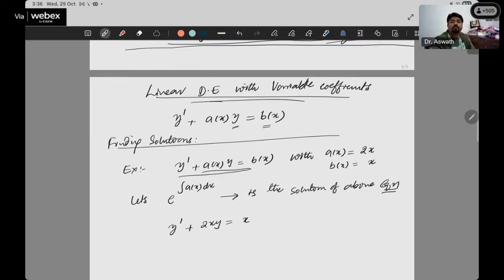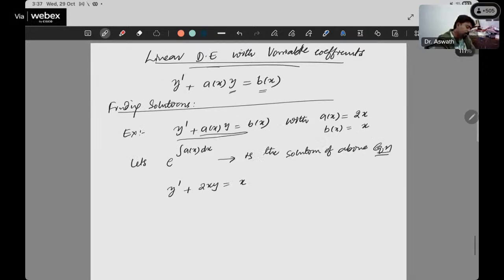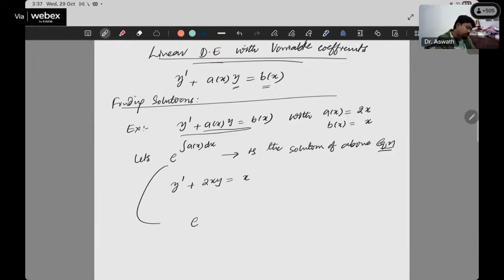This is my differential equation. From here, what is my corresponding solution? Exponential of the integral of 2x dx, where you can take 2 out, integral of x dx, which is exponential of x square by 2 plus some constant.